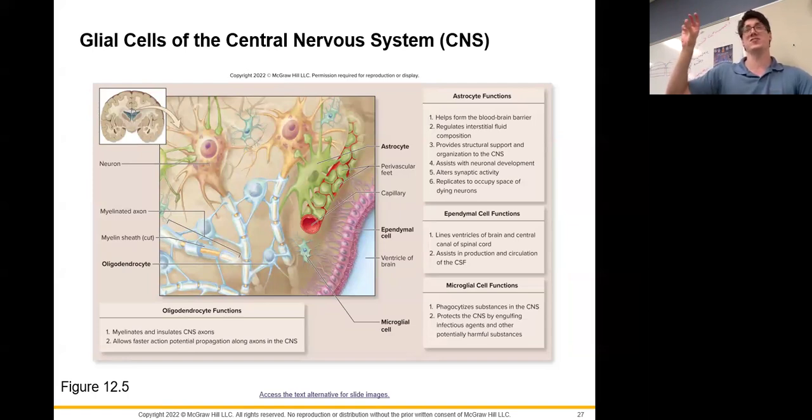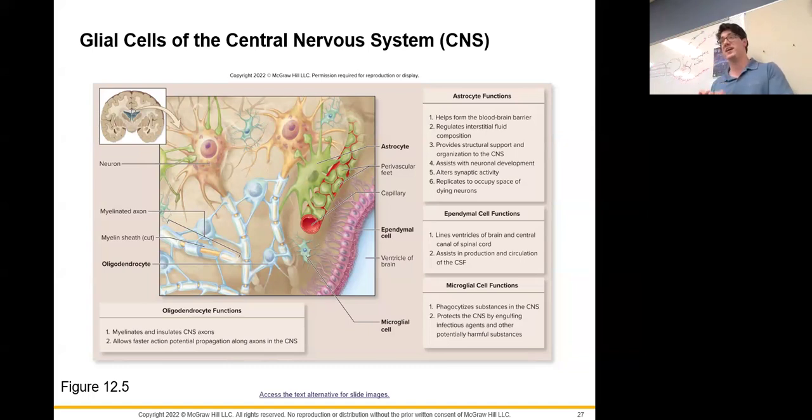If those ion concentrations get messed up for any reason, because say too much salt floods into our brain, too much potassium floods into our brain, the nerves don't function. And if the nerves in your brain don't function, you die, and you die now. Or catastrophic things occur that you can never recover from.